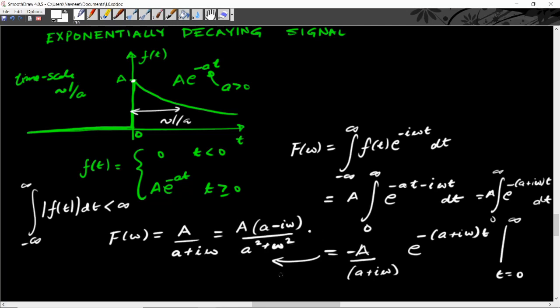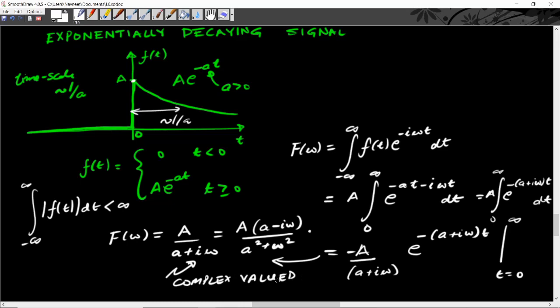One thing to note is that in this case of an exponentially decaying signal, the Fourier transform is complex valued, in contrast to what we've seen for a rectangular pulse.